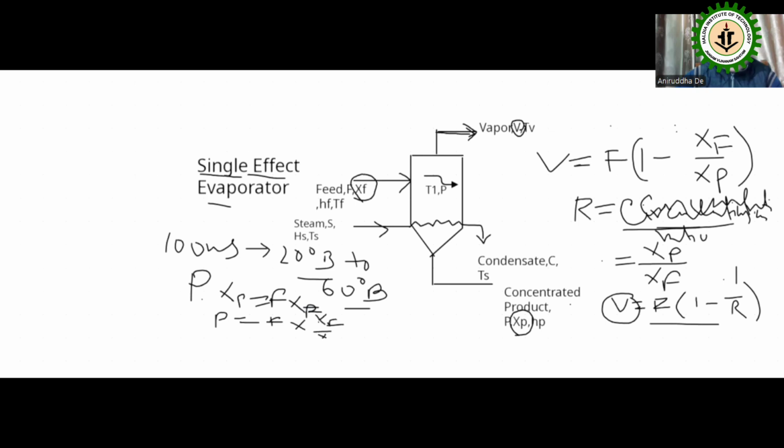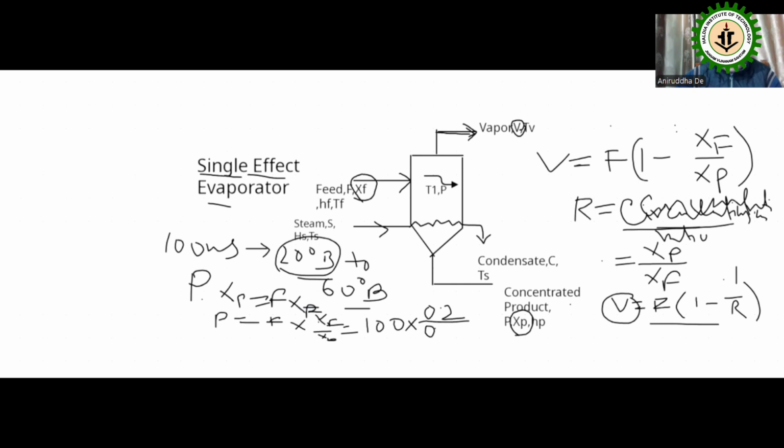Now here F is equal to 100. XF is the solid material present in the feed, that is 20-degree Brix. Whenever it is used in the equation, it will be in decimal, so 20-degree means 0.2, divided by the concentration of solids in the product, 60-degree Brix, so 0.6.